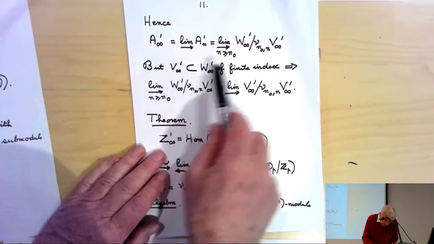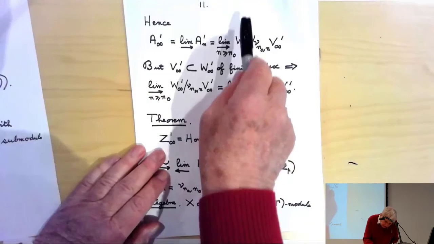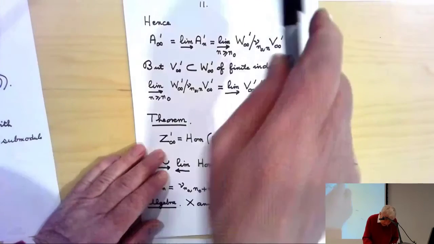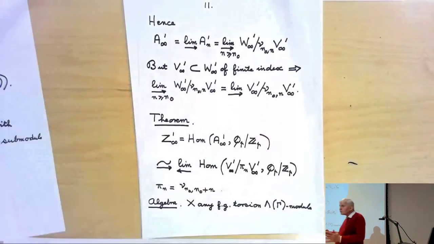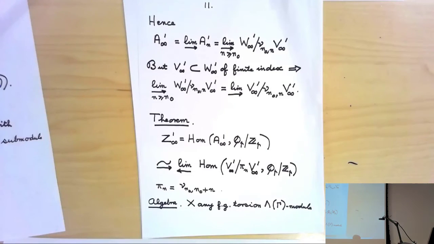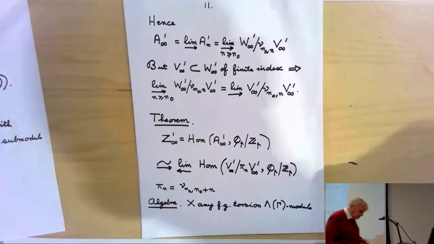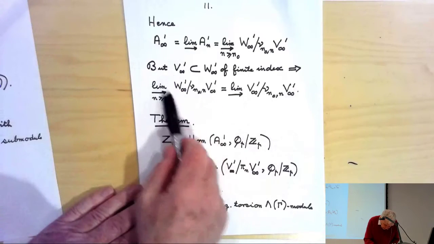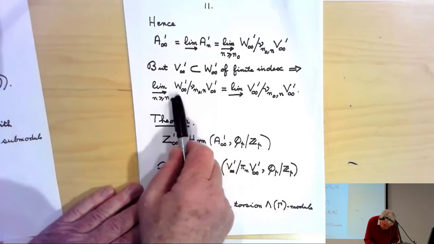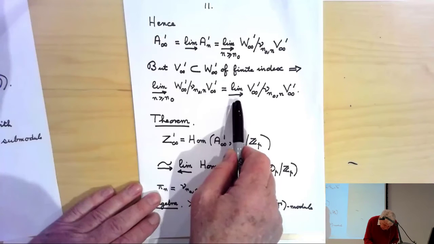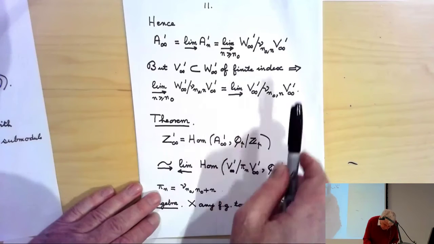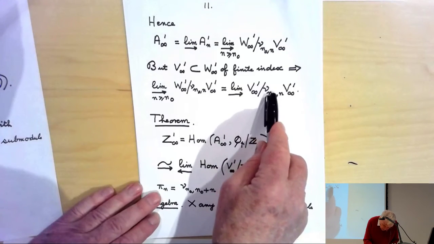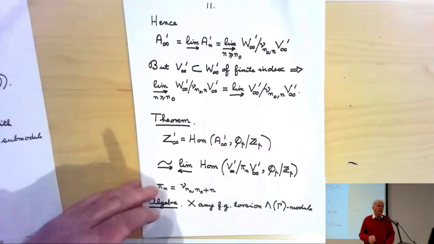But remember, it's W infinity prime, which is the whole Galois group, and V infinity prime is this subgroup of finite index. And now it's obvious, it's a general algebraic fact, that because the index is finite, this inductive limit is the same as the one in which you took V infinity prime over mu_{n naught n} V infinity prime.